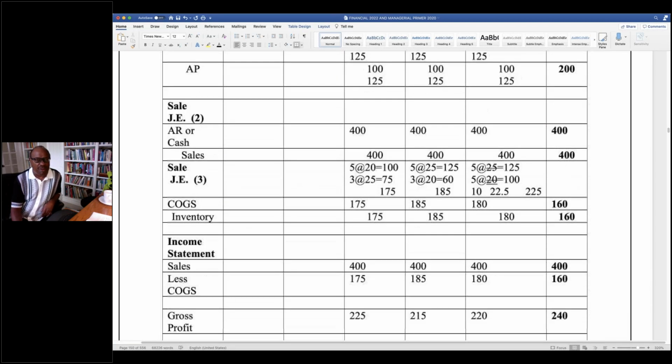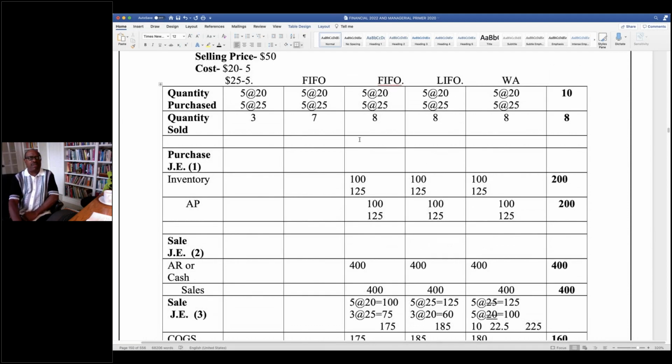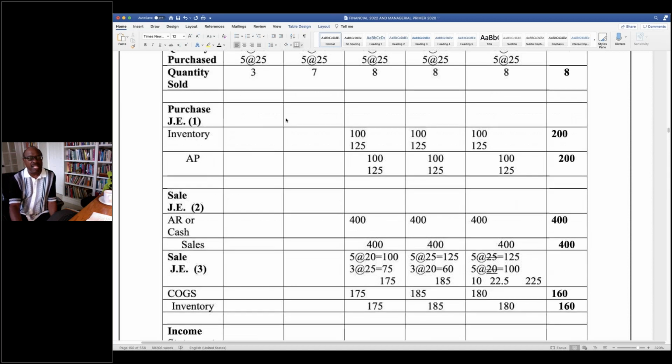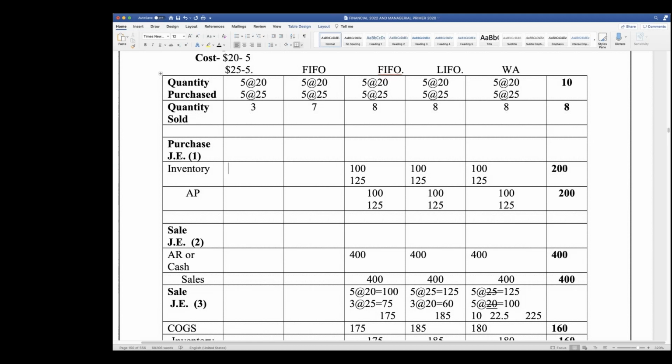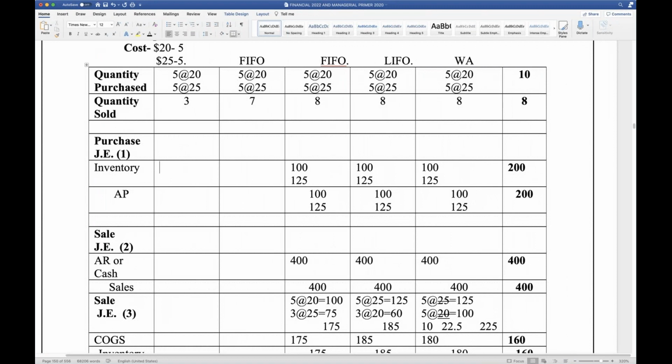Start with selling 3 and make these entries, go all the way through, then sell 7. We're using FIFO, okay? So start with the 3 and go through and do that. And then we'll come back to the supplement.